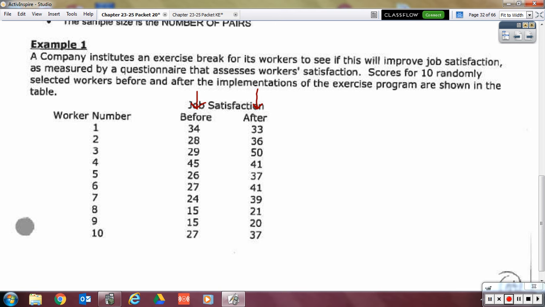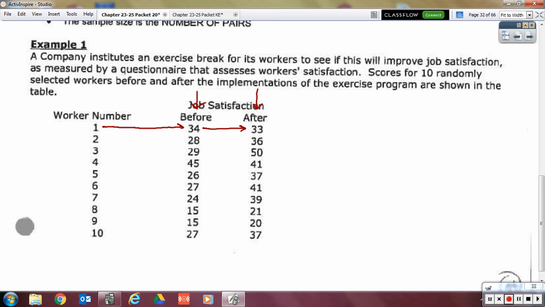Yesterday, remember, we had two separate means. For one worker, we have a before and then an after. So what happens is that we can have a benefit from that. So let's talk about that.